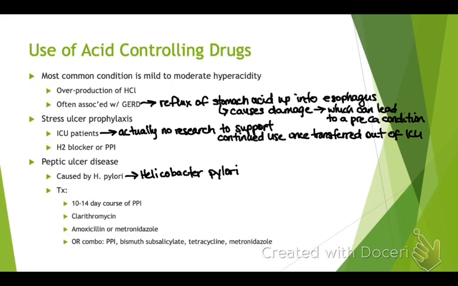We also give them clarithromycin, which is an antibiotic. Also, to help treat the peptic ulcer, we use amoxicillin and metronidazole, or a combination of PPI, bismuth subsalicylate, tetracycline, or metronidazole. So we might use a combination of drugs to be able to treat this peptic ulcer.